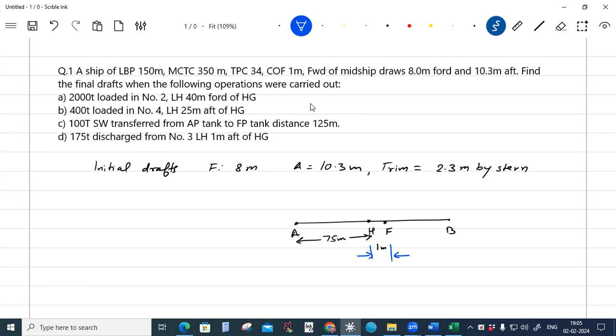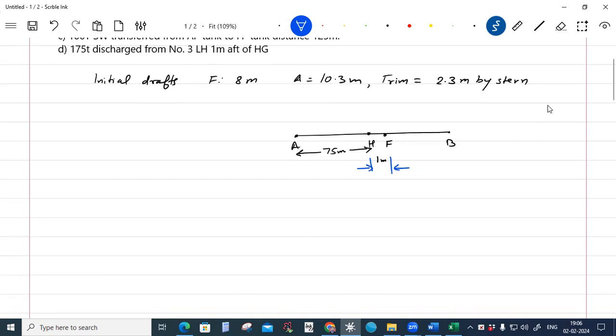Okay. Then we are carrying out certain operations. So what we have to do, we can start with the table. Remark, then weight, and then we can write distance from center of gravity, distance from midship, and distance from center of flotation.